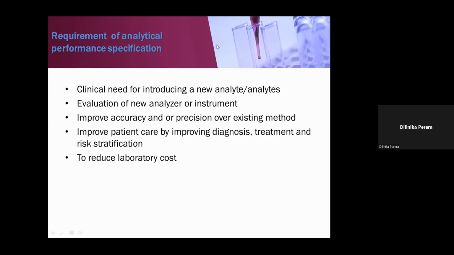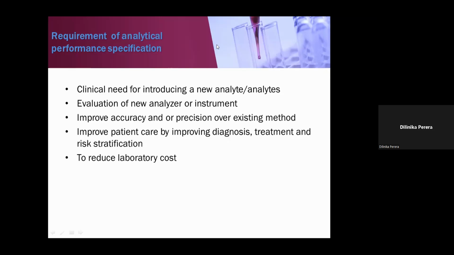So what is the requirement for these analytical performance specifications? One is the clinical need for introducing a new method or new analyte into your laboratory. Sometimes we need to evaluate a new analyzer or instrument in the chemical pathology laboratory. On the other hand, sometimes we have to improve the accuracy or precision over an existing method.